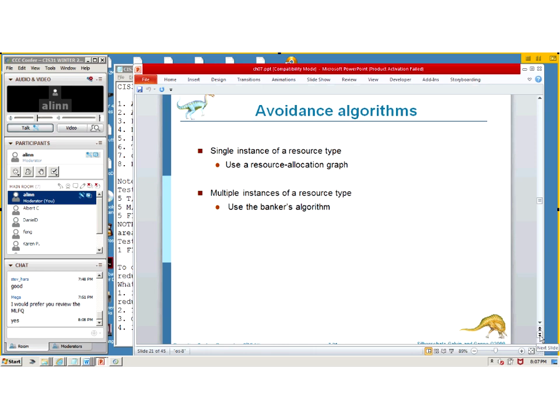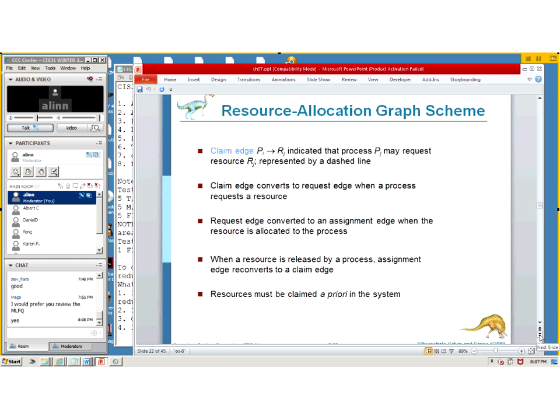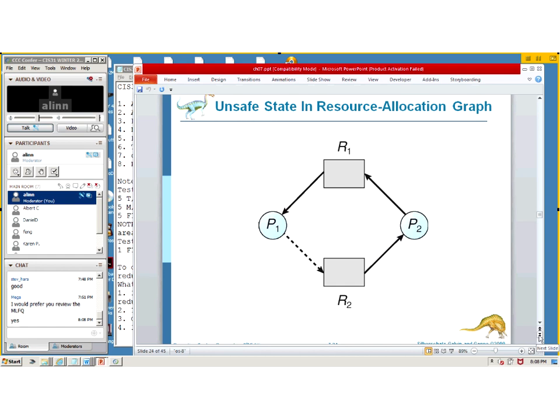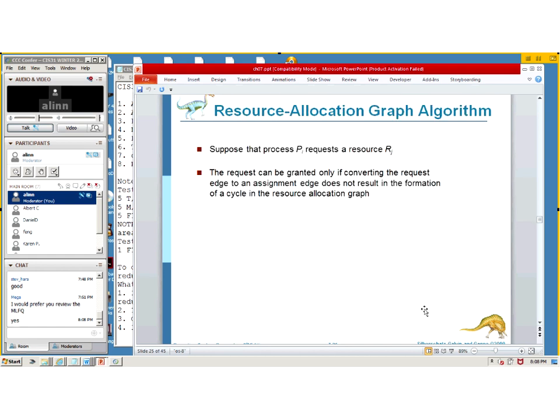So there are avoidance algorithms. I'm going to use the resource allocation graph a different way. I'm not going to use it in avoidance. I'm going to skip over this, and the reason is I want to use it for detection, not for avoidance. The book has good examples of how this works.